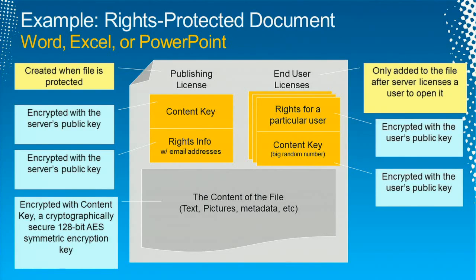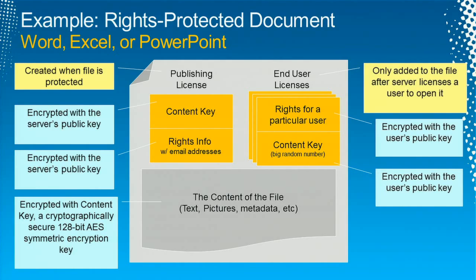Depending on the rights you're given, because in RMS we support a lot of different rights, we can say every time you come to the server, you must request a new use license. Or if the data isn't that sensitive, we can say you might have to come back every 2 weeks, or you'll never have to come back to the server to request a use license again. It's only embedded if the application or the policy says to do so. So it gives a little more flexibility.